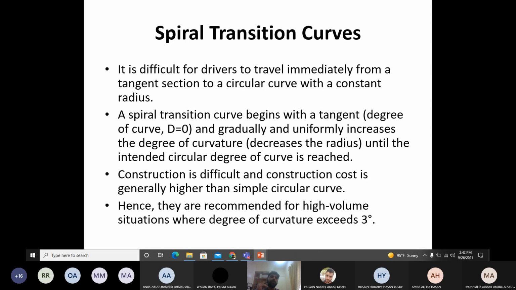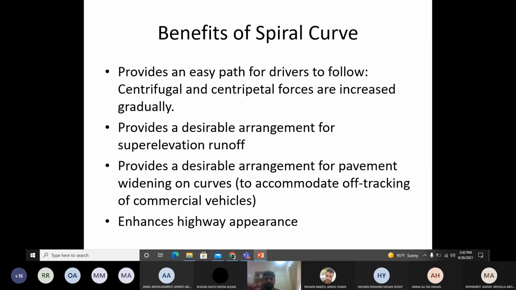So we have defined the scenario in which a spiral transition curve becomes necessary: a high volume, high speed facility where the circular curve degree of curvature exceeds 3 degrees.